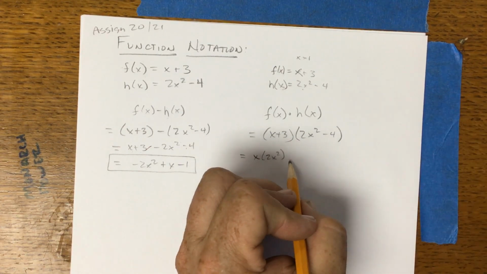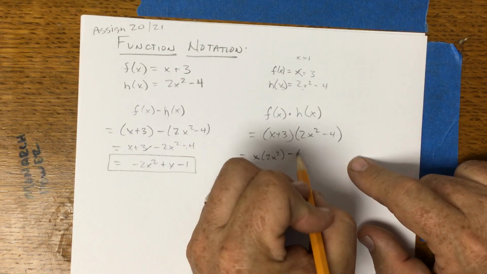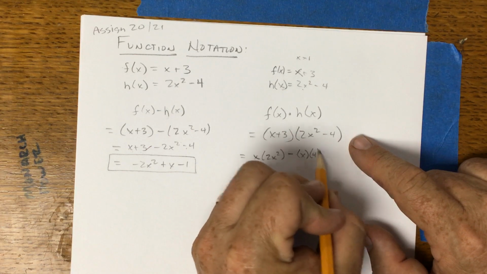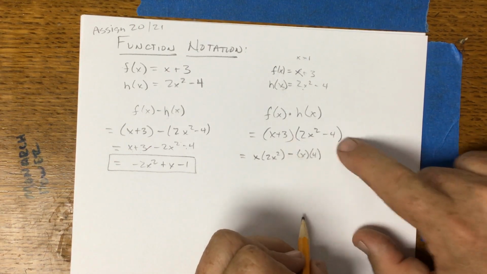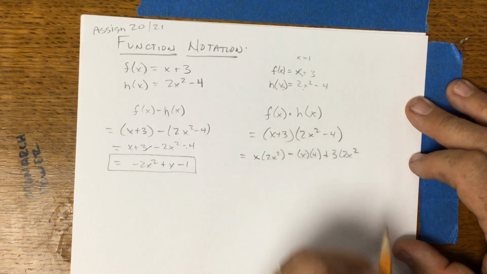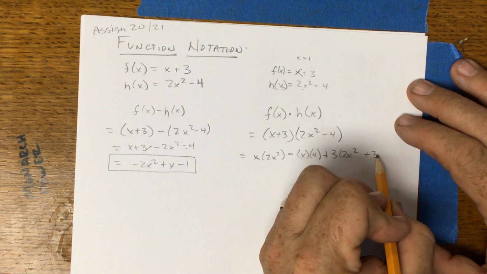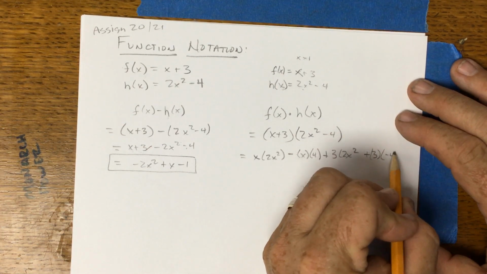Then minus the x times the 4, and then plus the 3 times the 2x squared, plus the 3 times the negative 4.